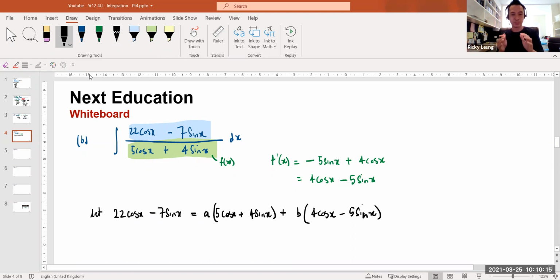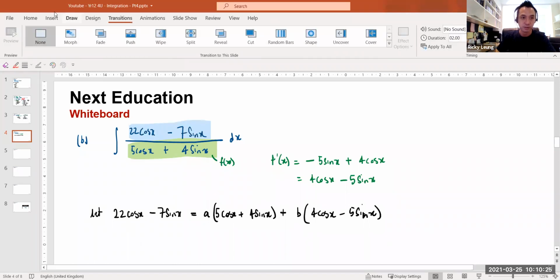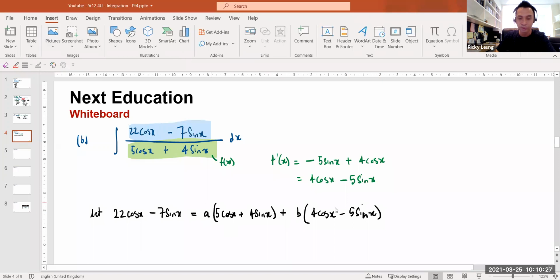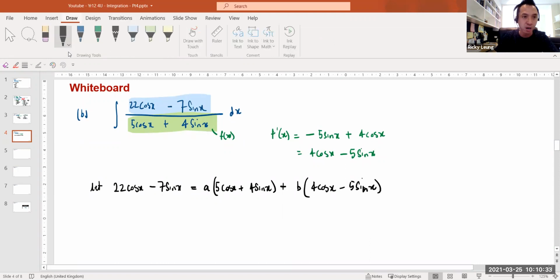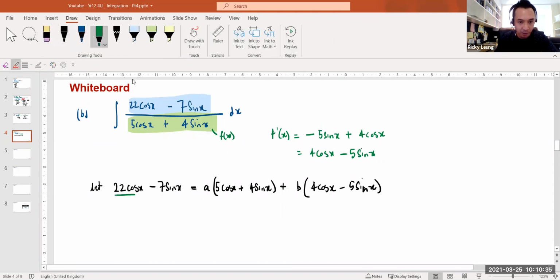So by expressing it as a combination of the denominator itself and the derivative of the denominator, I can split it up and then use my integration skills. So let's try to solve this for A and B. You can use simultaneous equations where you compare the cos values. Where's cos? It will be 5A and then 4B.